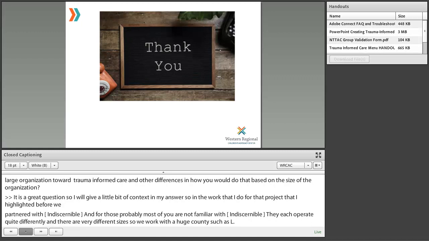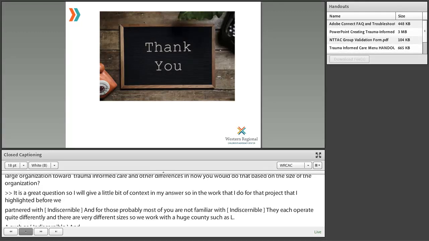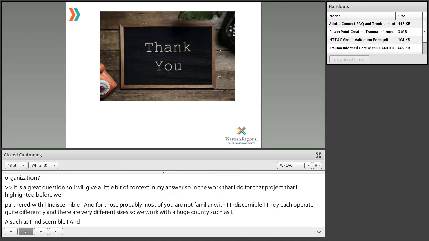But I would say one of the more helpful ways when we're thinking of large organizations, and I mentioned this earlier, is to really have a committee or a point person that is responsible for holding this trauma-informed lens within the organization. So, for example, some of the counties that I work with have trauma-informed committees. They're actually just volunteers.